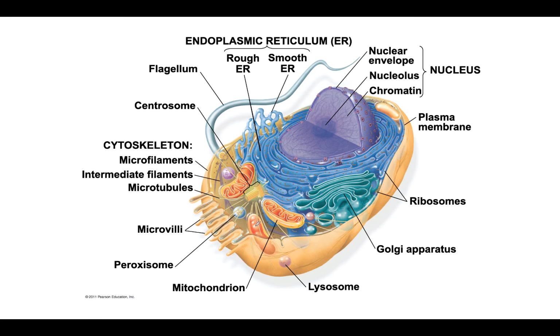Here's the lysosome and peroxisome, and you can see some long hair called flagella. Some eukaryotic cells have flagella, long hair, or sometimes short protrusions called microvilli. Some eukaryotic cells have microvilli, not all of them.